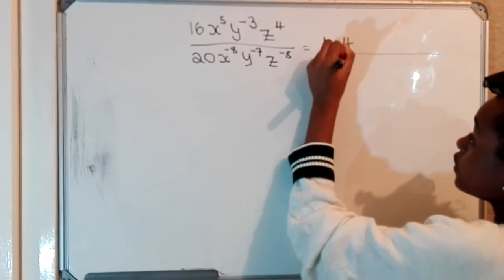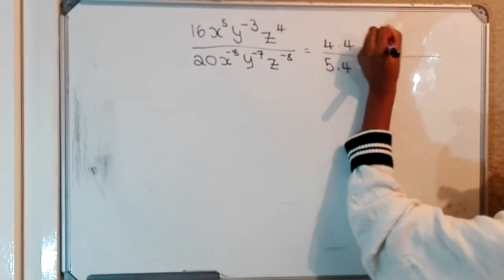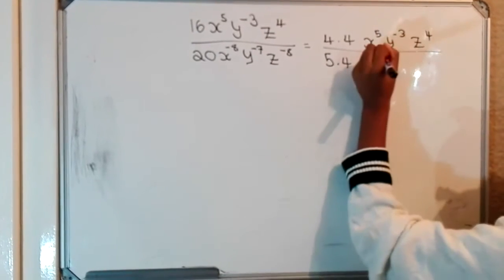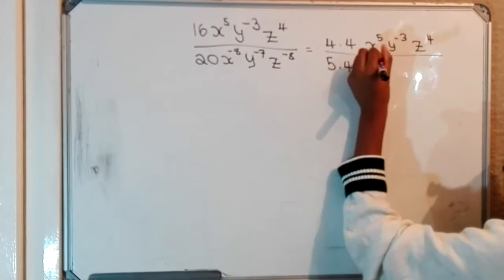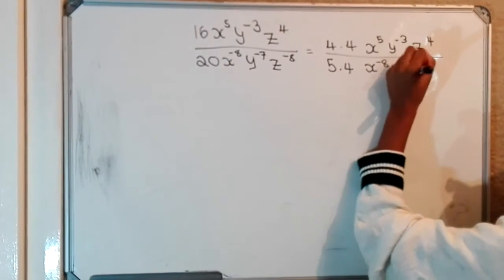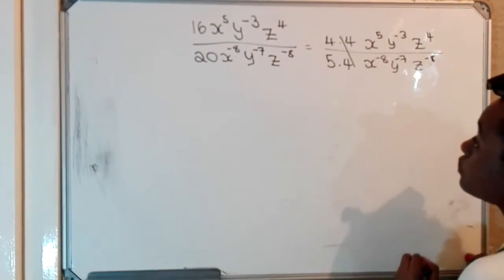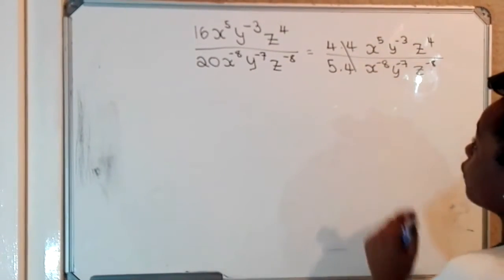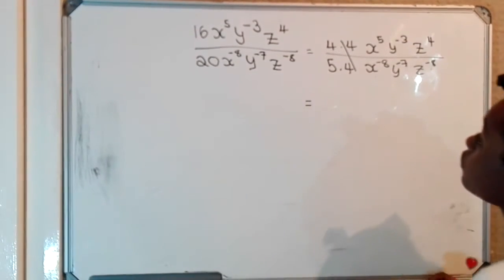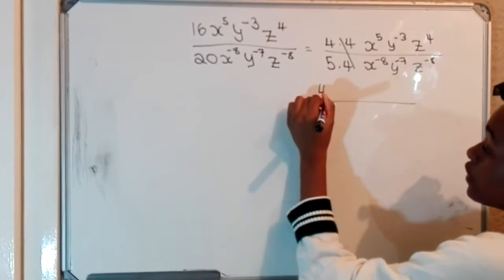Okay, and then we have x to the power of 5, y^-3, z to the power of 4, and x^-8, y^-7, and z to the power of -8. Alright, so the 4's here can cancel, and we're left with 4 over 5. So I'm going to bring this all the way down. I have 4 and I have 5. We can't simplify this any further.